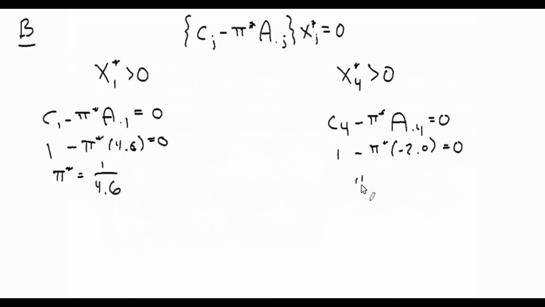Easy to show that pi star is equal to -1/2. And here's the problem. Pi star equals -1/2 is inconsistent with pi star equal to 1 over 4.6. Those two things cannot be simultaneously true. So we have a contradiction.